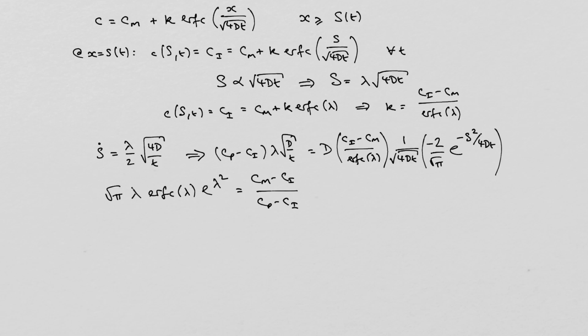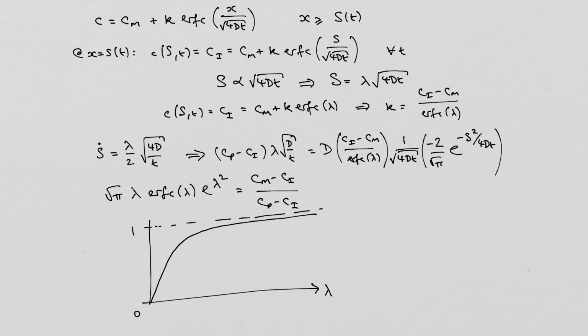And if I draw a graph, this is a wonky graph, so I'll continue to draw it wonky. This is what that function looks like as a function of lambda, this left-hand side.